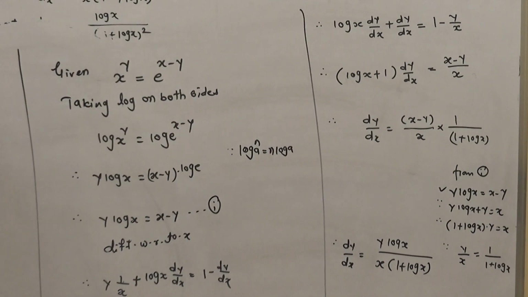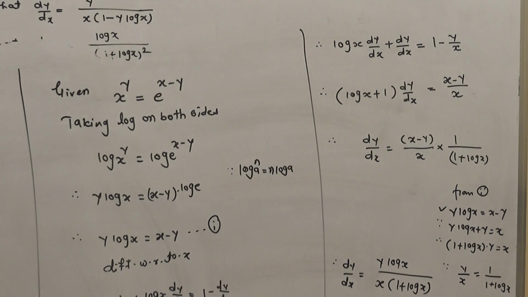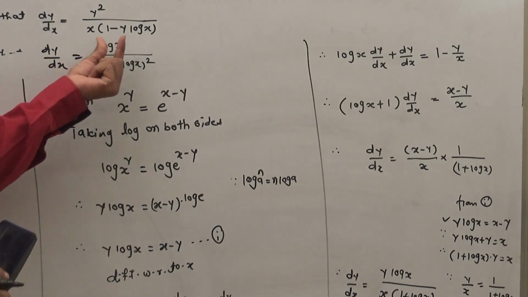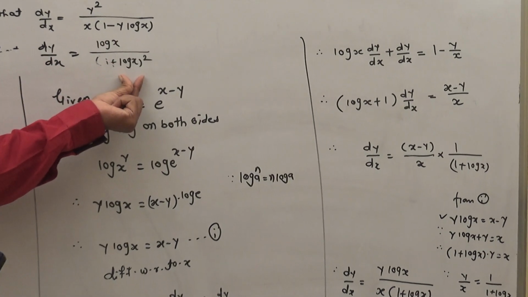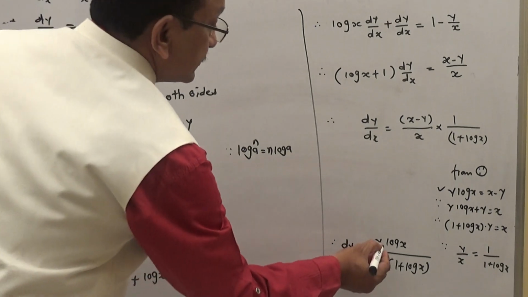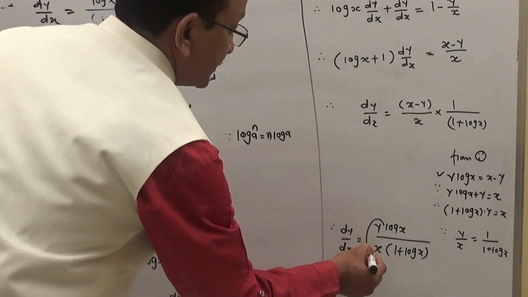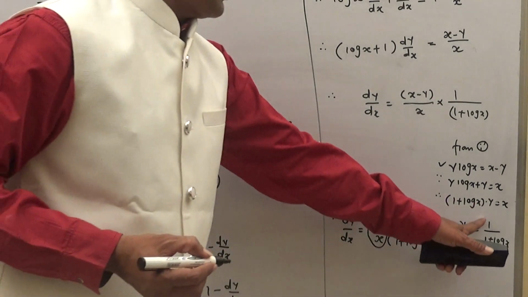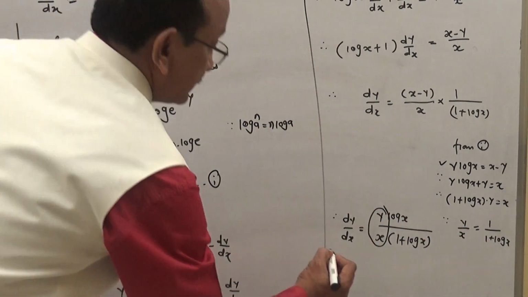Now what you have to show here is that dy by dx is equal to log x upon 1 plus log x, whole square. So now substitute the value: y upon x is 1 upon 1 plus log x.